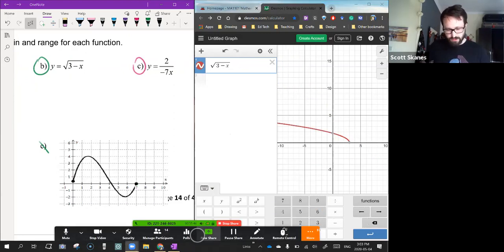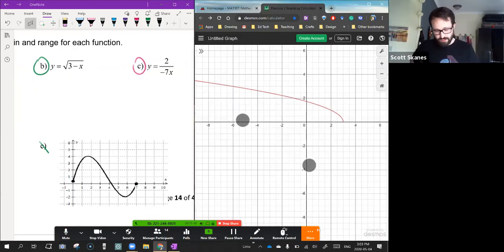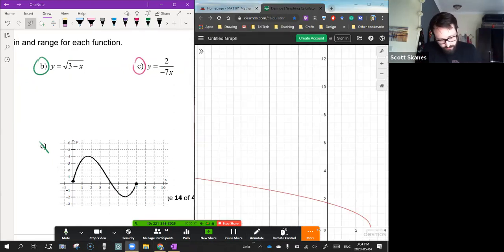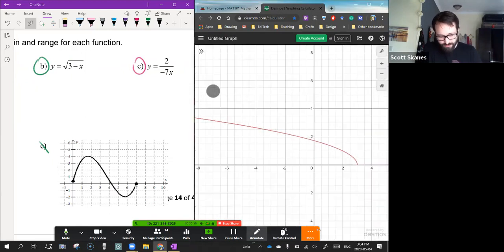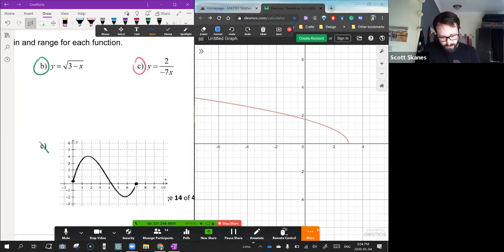Okay, so this is an interesting function, or at least I think so. This is what this function looks like. Sometimes when I put this up, it freaks out. Y equals root 3 minus x.